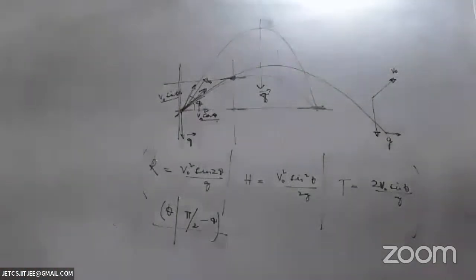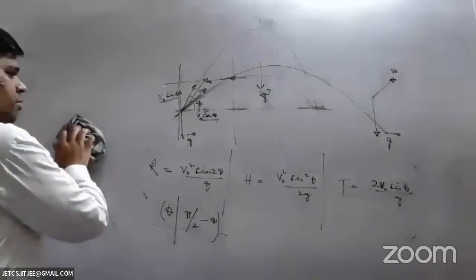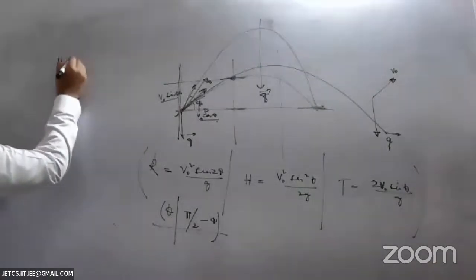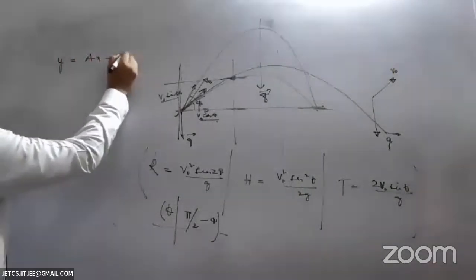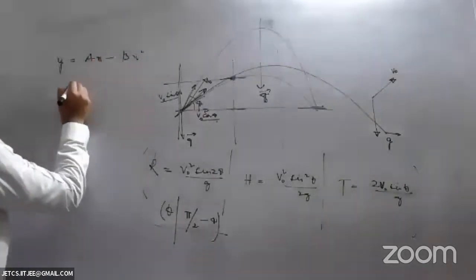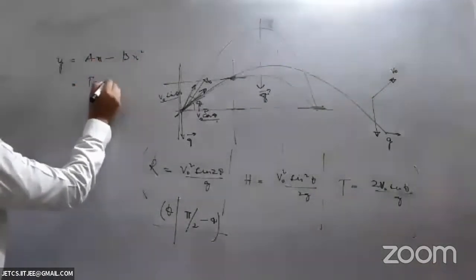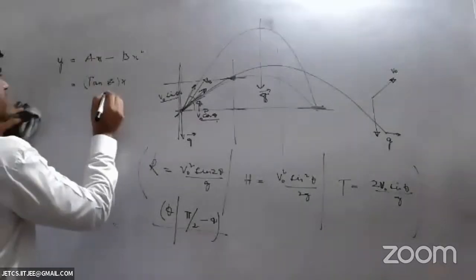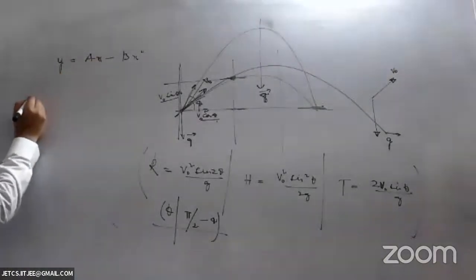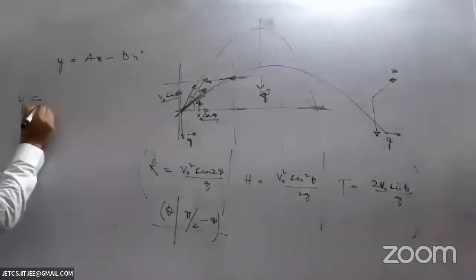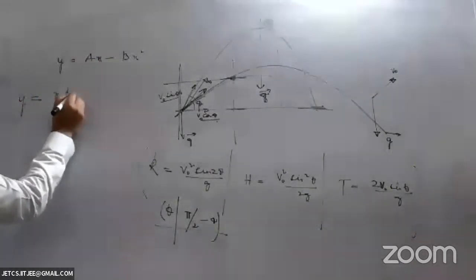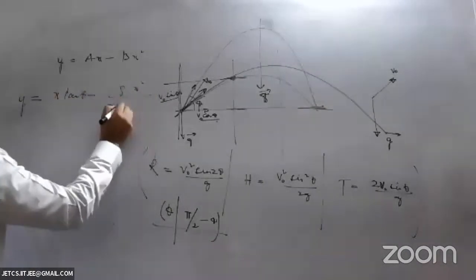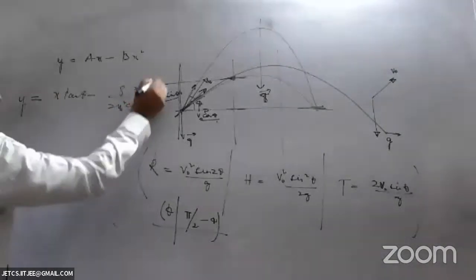All right, let's look at the equation of trajectory now. The equation of trajectory is of the form y equals ax minus bx square. y is equal to x tan theta minus g x square by 2 v naught square cos square theta.